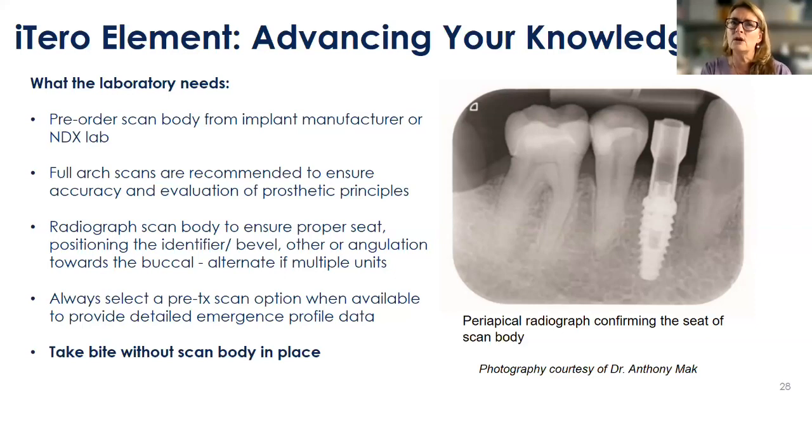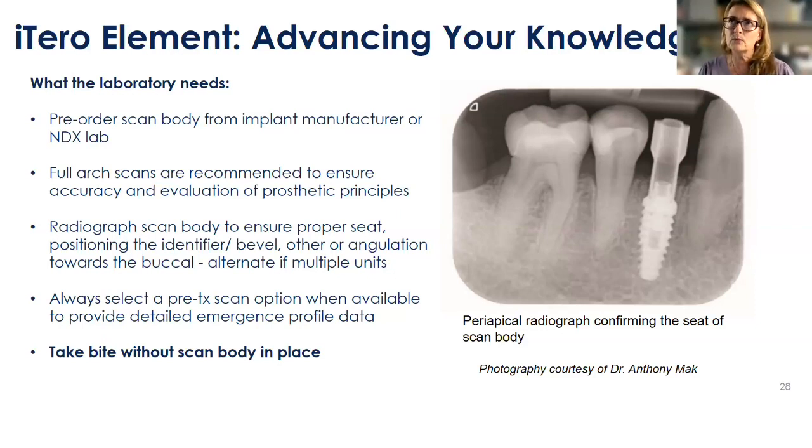And then please note that when available, take advantage of selecting the pre-treatment scan. So with iTero, there is a pre-treatment scan option. And what the pre-treatment scan would be utilized for is specifically to capture the gingival tissue. So you're going to remove your healing abutment or healing cap and immediately scan the gingival tissue and those adjacent teeth in that scan.